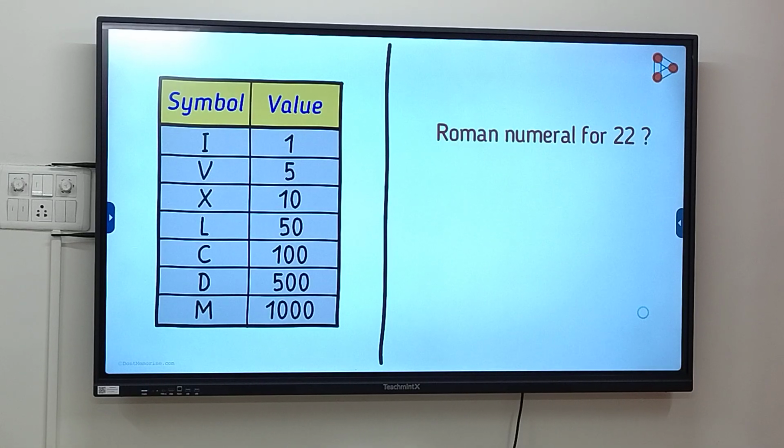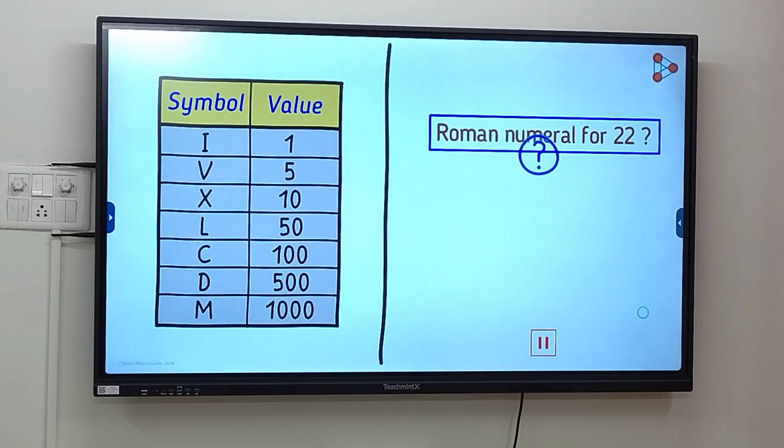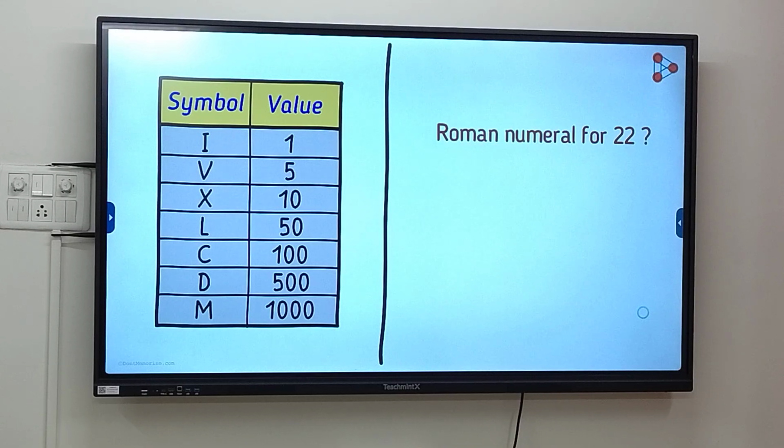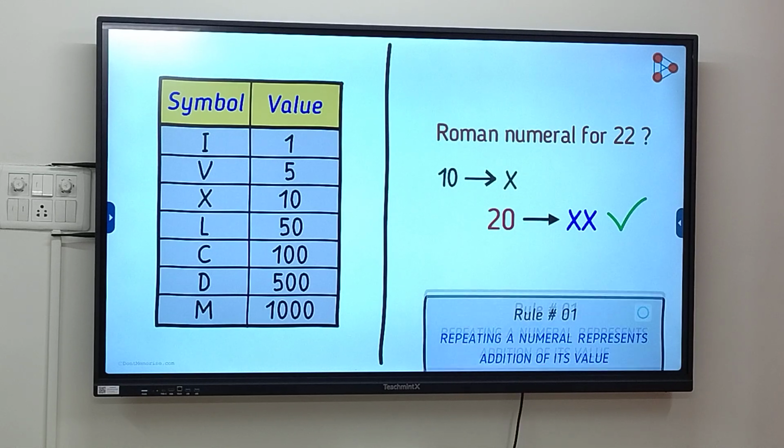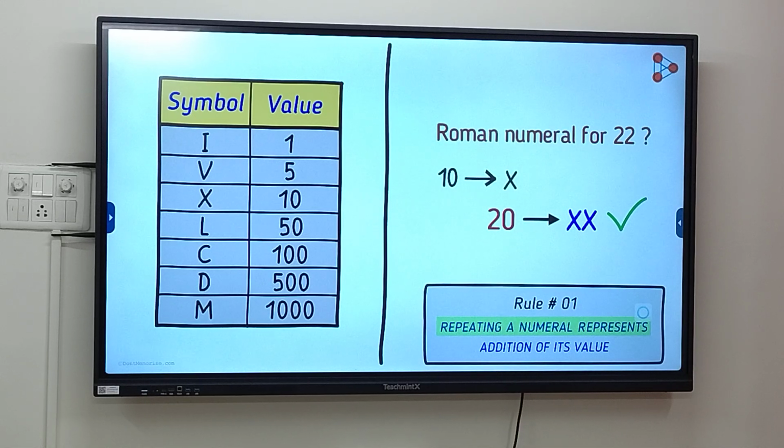Here's the first one. Pause the video and try solving it on your own. To start with, we can write the number 20 using the symbol of 10. Can you tell me how? Yes, that's right. We will write the symbol of 10 twice using the rule: repeating a numeral represents addition of the number.